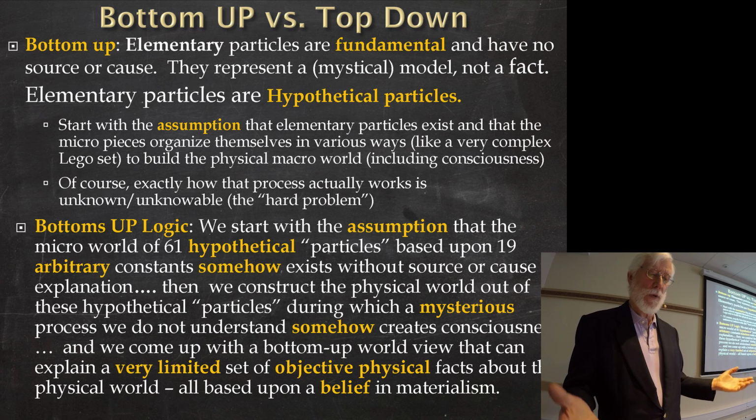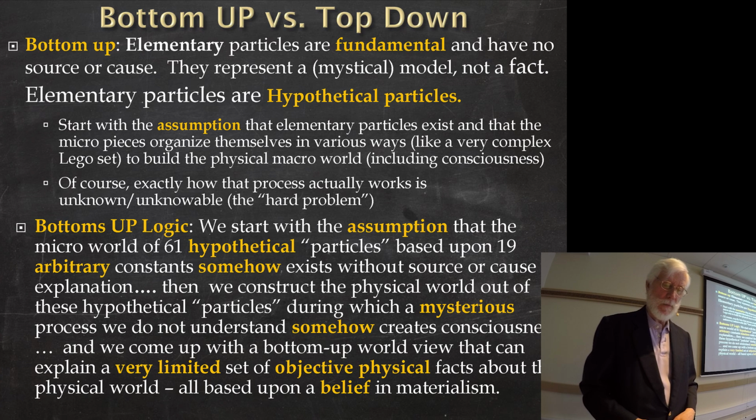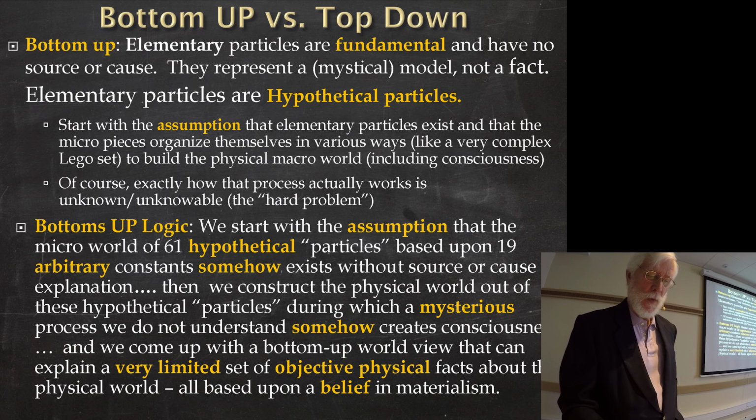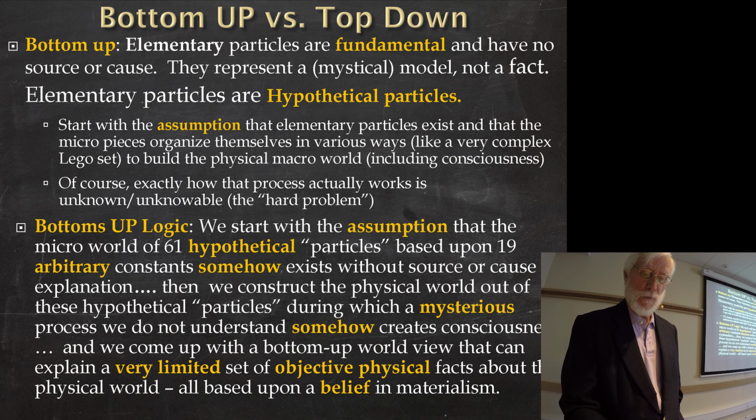Okay, so we start with an assumption that we have hypothetical particles, and that everything's built up out of those particles. Now, bottoms up logic. So we start with the assumption that the micro world, and again, there's about 61 hypothetical particles that are models in what's called the standard model of particle physics.